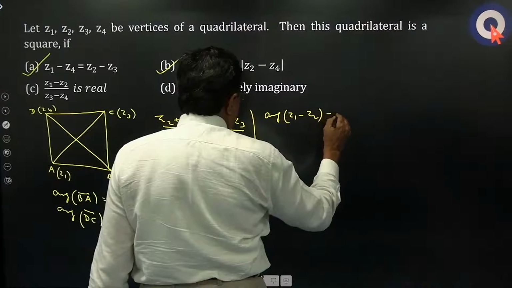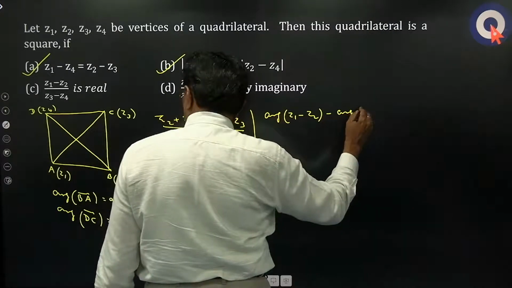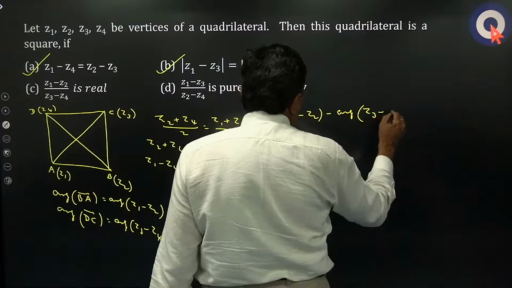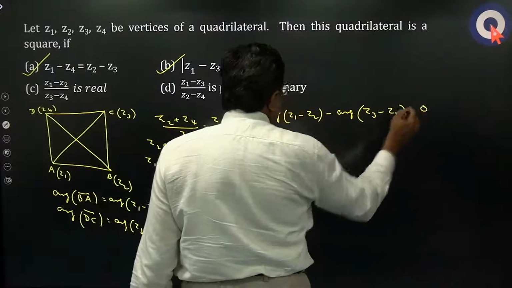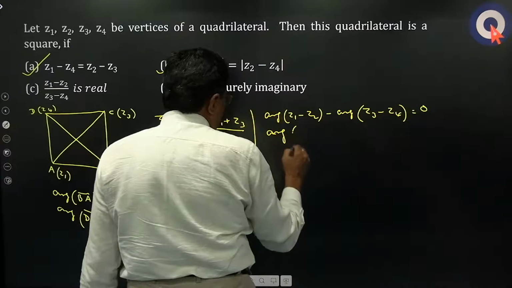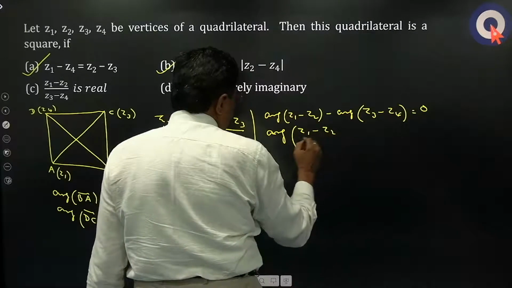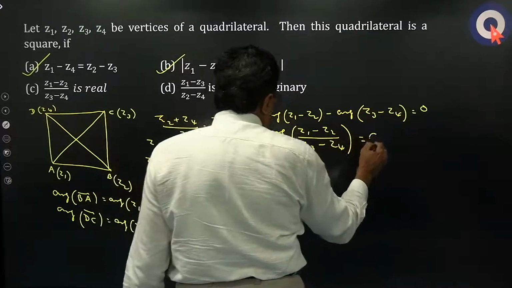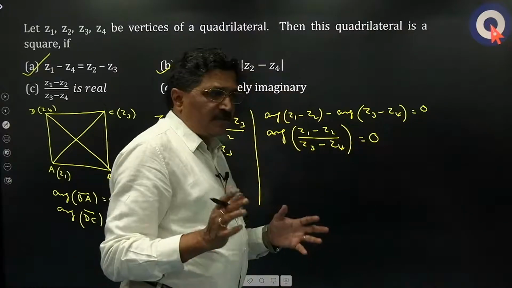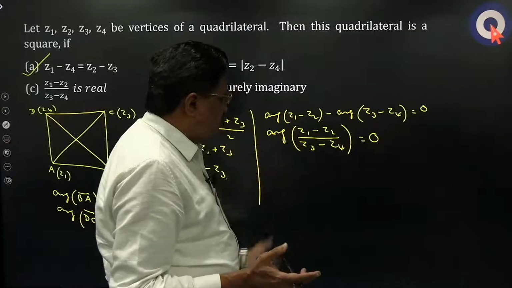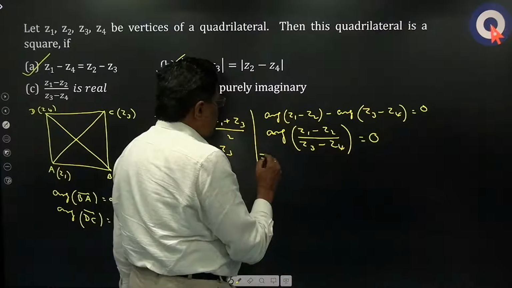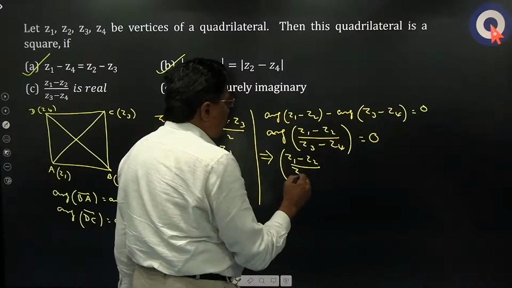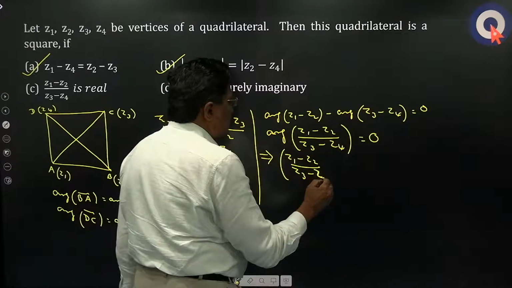Therefore, argument of Z1 minus Z2 minus argument of Z3 minus Z4 is equal to 0. So that means argument of Z1 minus Z2 by Z3 minus Z4 is equal to 0. The argument of some complex number is 0 means the complex number has to be purely real. So this implies this complex number Z1 minus Z2 by Z3 minus Z4 is purely real.